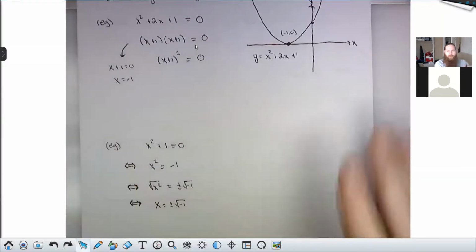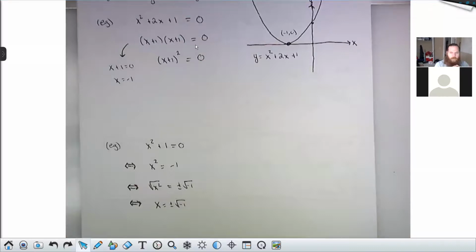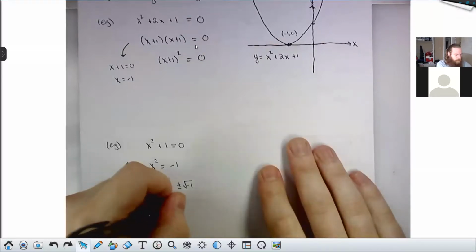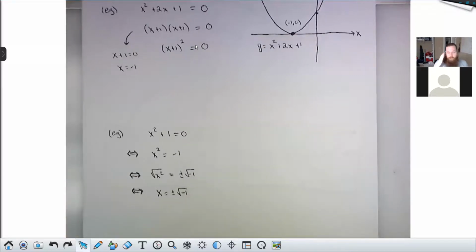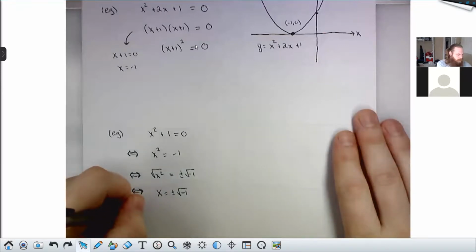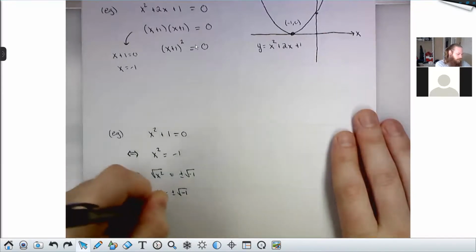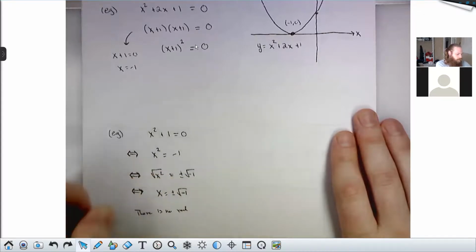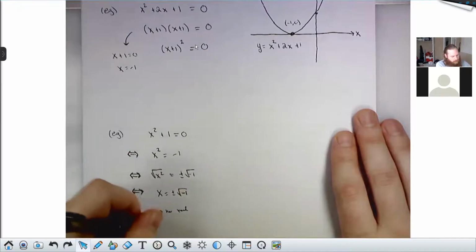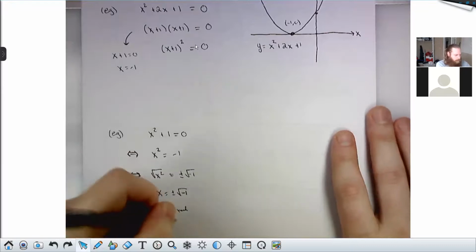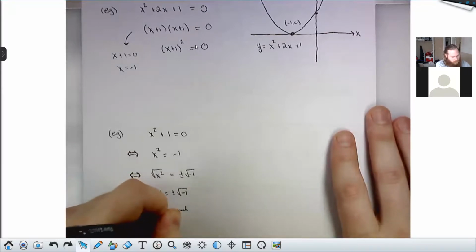But if you think about it, is there any number that when you multiply it by itself, you get -1? Well, a negative times a negative is a positive, and a positive times a positive is a positive. So there are no real numbers that you can multiply by themselves to get negative numbers. So there is no real number satisfying the square root of -1.